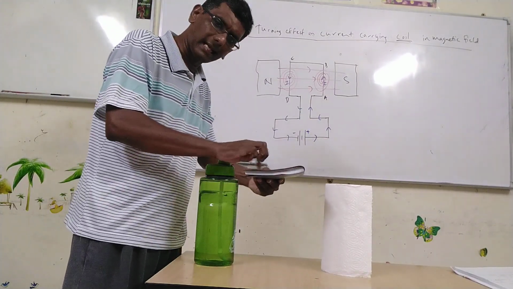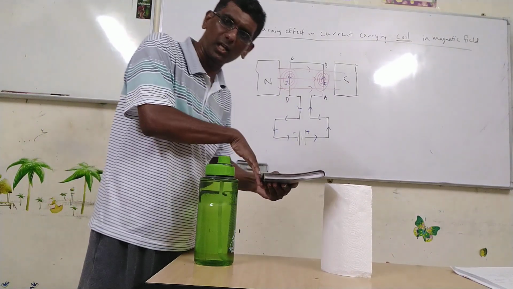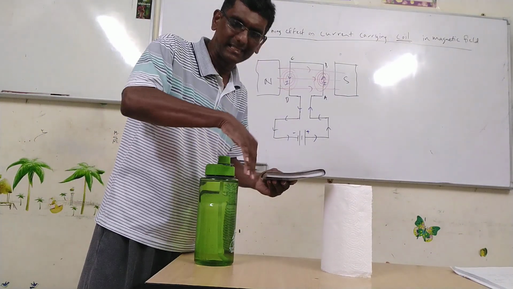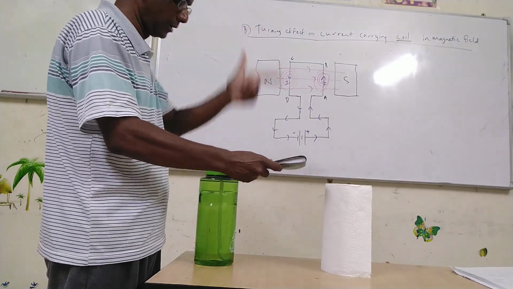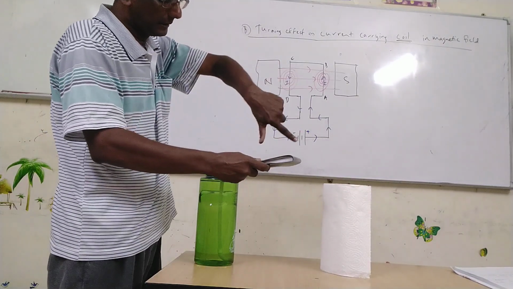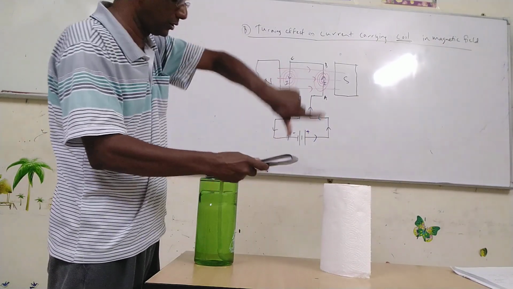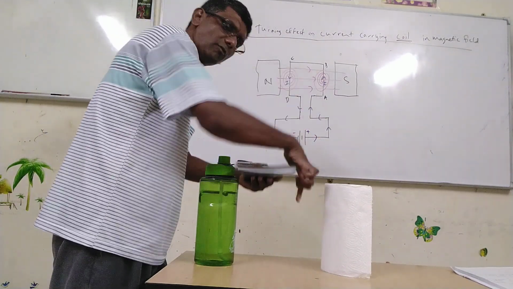So I repeat again: in AB the current is going in, and in this one the current is going out. So this force acts upwards, and this force acts downwards.